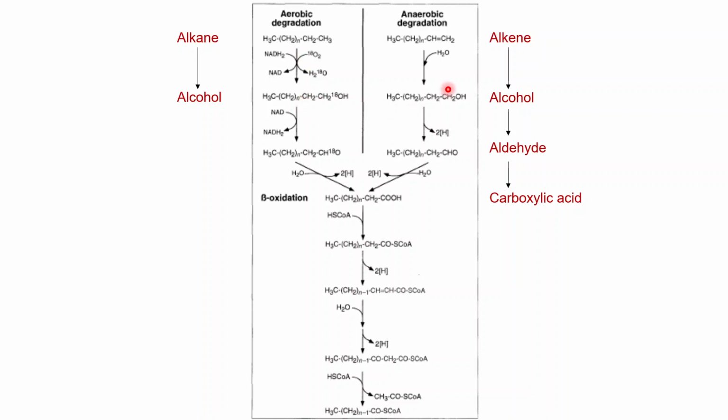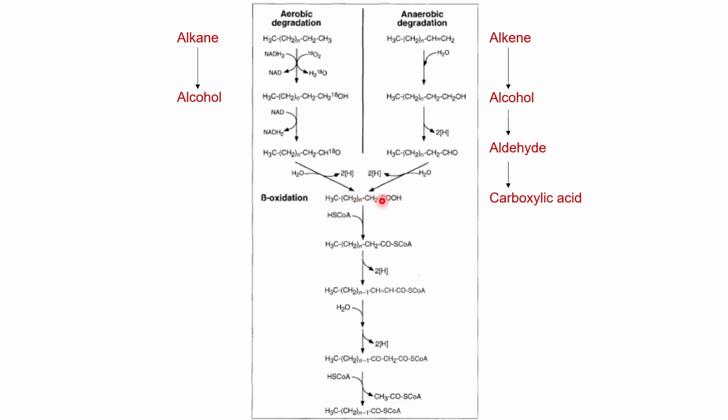After the conversion to alcohol, the alcohol will be converted into aldehyde, and in this case the alcohol is converted into a ketone form. So in the case of alkene it is converted into aldehyde, and then from aldehyde it is converted into carboxylic acid.